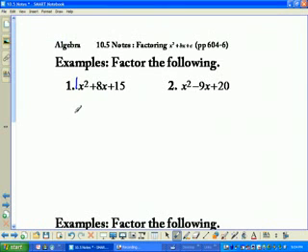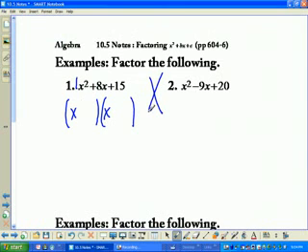Now, when we did these diamond problems, we're unfoiling these, is what we're doing. So I'm thinking, what two binomials, when I multiply them, will give me x squared plus 8x plus 15? Well, since I know the first terms have to multiply to x squared, that's x times x. And that's what will happen in every problem today.